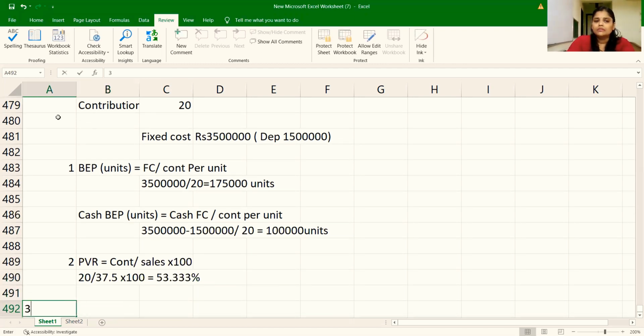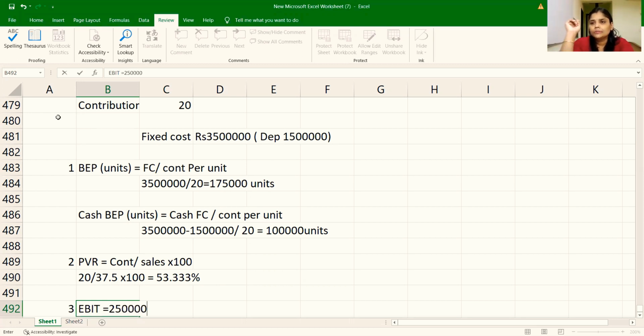Then this is quite simple. The next is they're asking you the number of units that must be sold to earn an income of 2,50,000. That is, you want to earn an income before interest and taxes of 2,50,000.